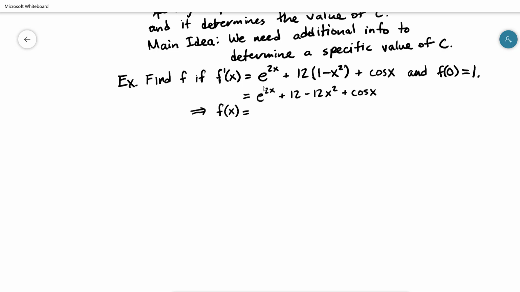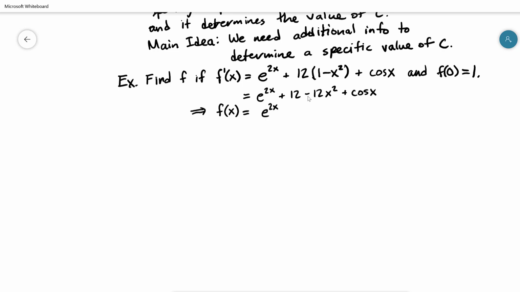We haven't done an exponential yet. What is the function whose derivative is e to the 2x? Well, I know exponentials spit themselves out, so it's going to be some sort of e to the 2x. But if I were to take the derivative of e to the 2x, I'd get e to the 2x, and then by chain rule, I'd have e to the stuff times the derivative of the stuff, where that stuff is the 2x. That would give me an extra factor of 2.